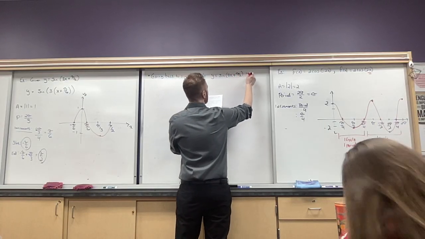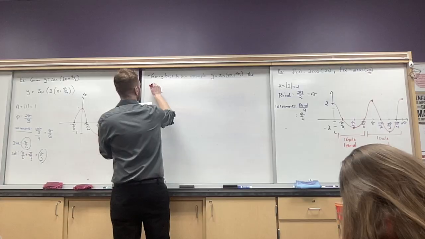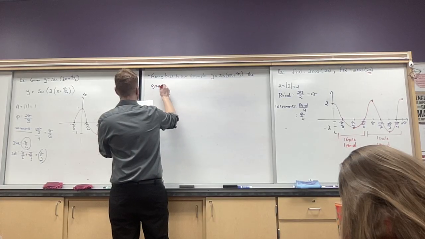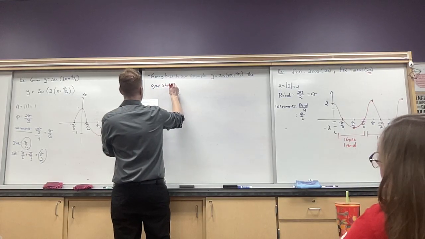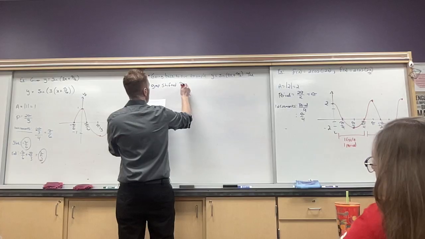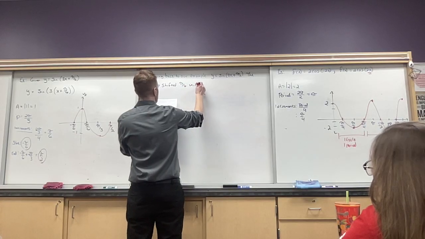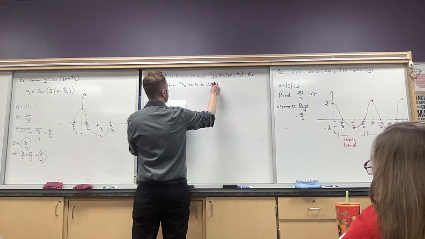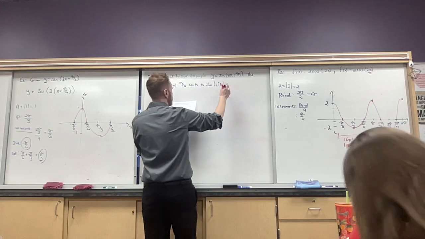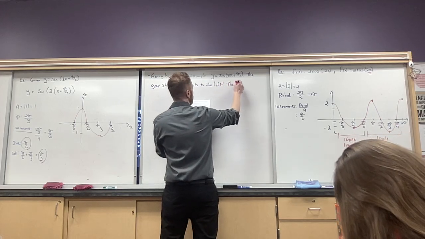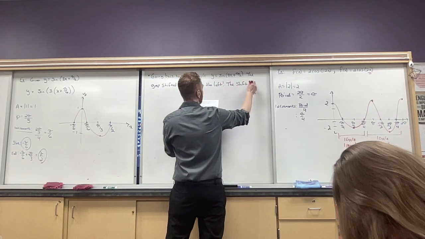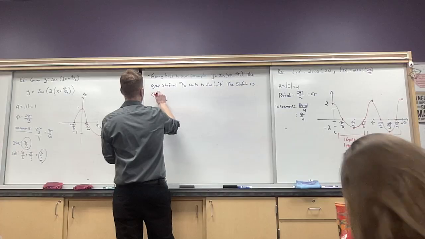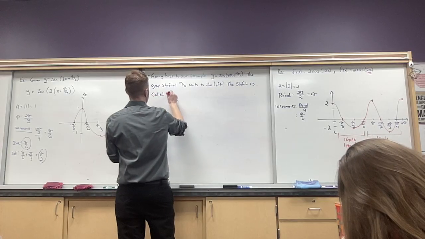Okay. The graph shifted pi over 6 units to the left. The shift is called a phase shift.